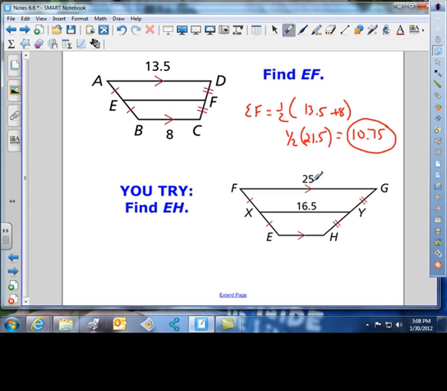So what I'm saying here is to go from 25 to 16 and a half, there's a difference there of 8.5. So to go from XY to EH, there's going to be another difference of 8.5. So I'm going to subtract 8.5 here to get 8. So the measure of EH is actually 8.